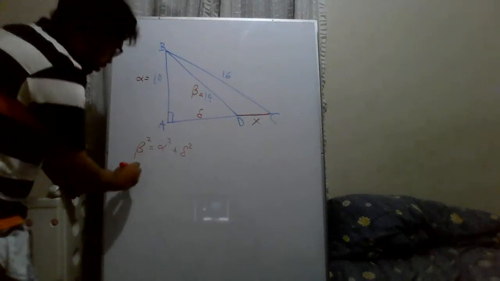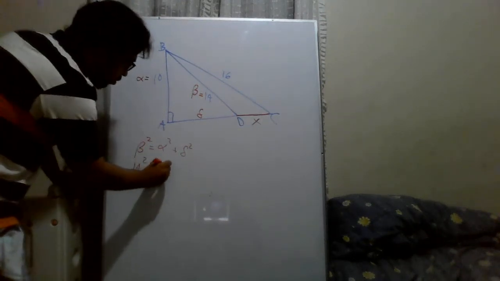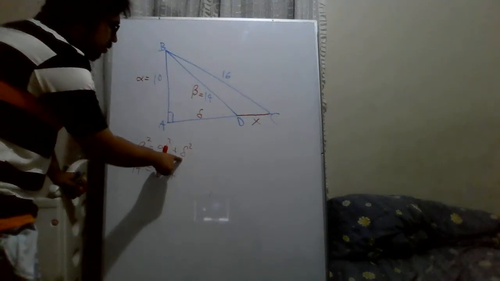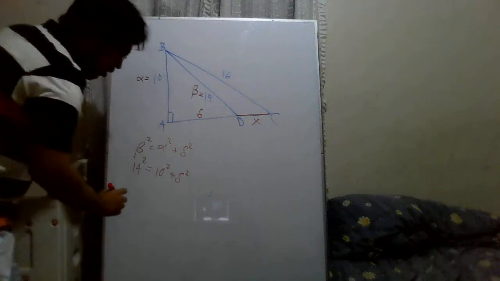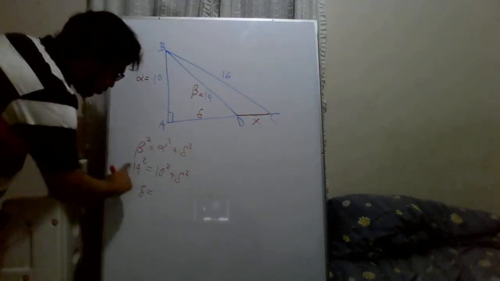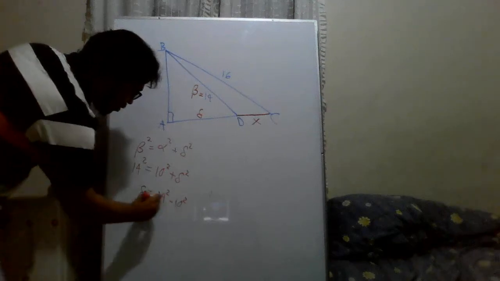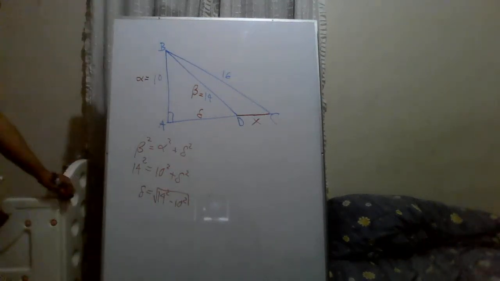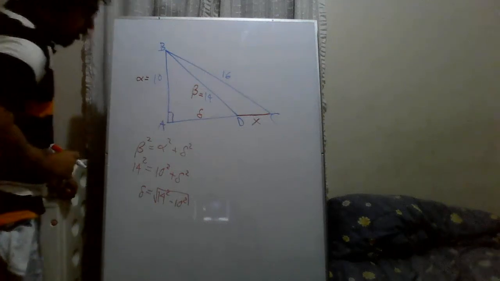So this is 14 squared equals alpha squared, which is 10 squared, plus delta squared. And delta squared is the one we are looking for. So delta is actually the square root of 14 squared minus 10 squared.